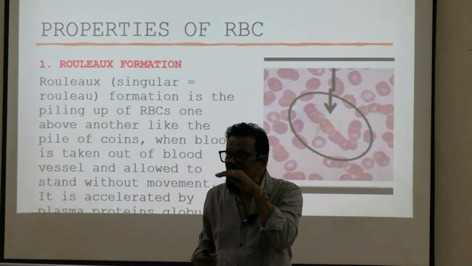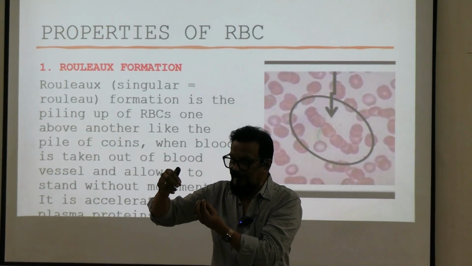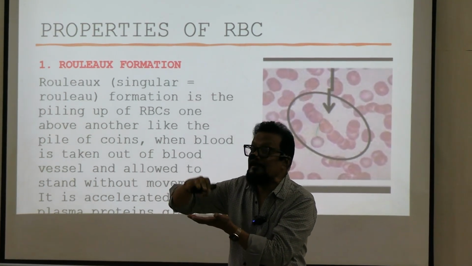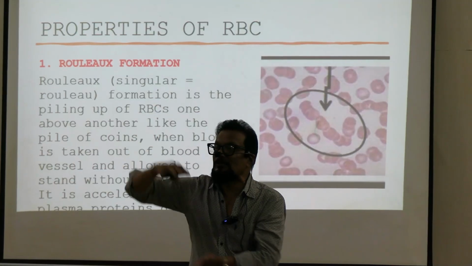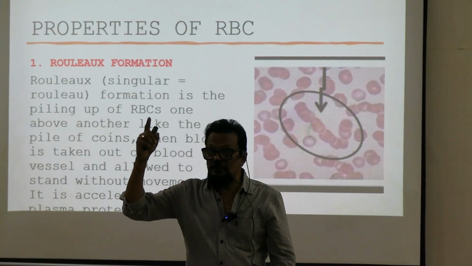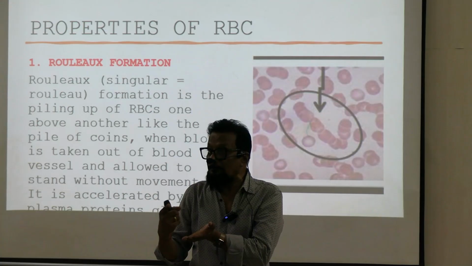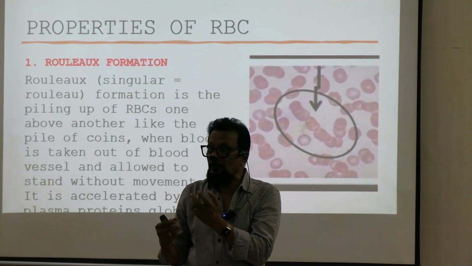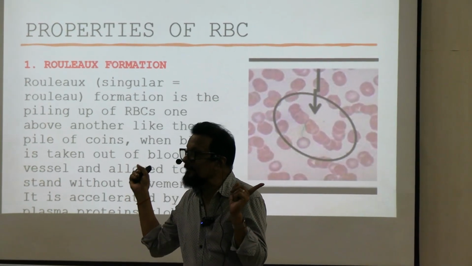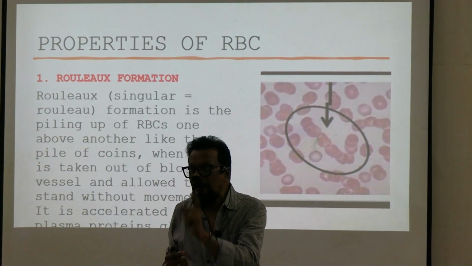As a result, the RBCs try to adhere to one another: one RBC on top of another, piles of RBCs. These piles are called rouleaux. Because of the increase in the amount of fibrinogen, there is piling of RBCs. This is the mechanism of rouleaux formation.